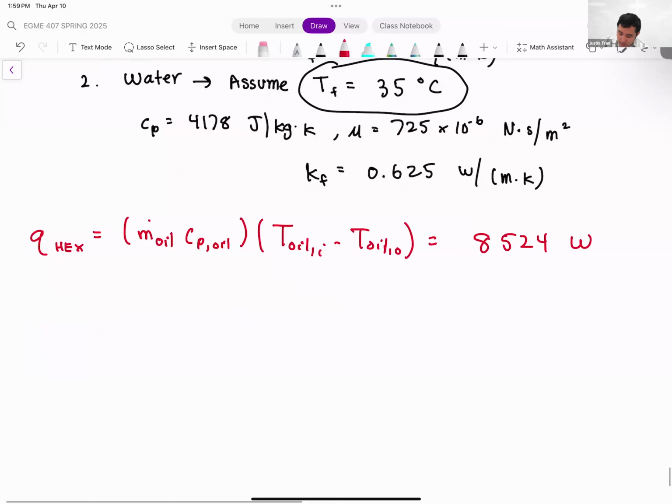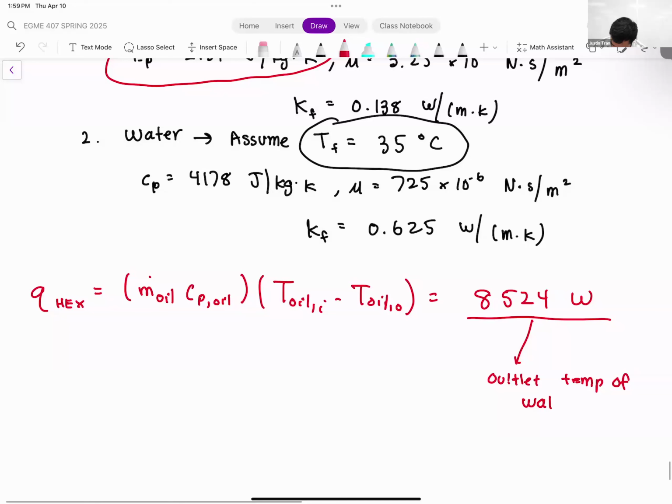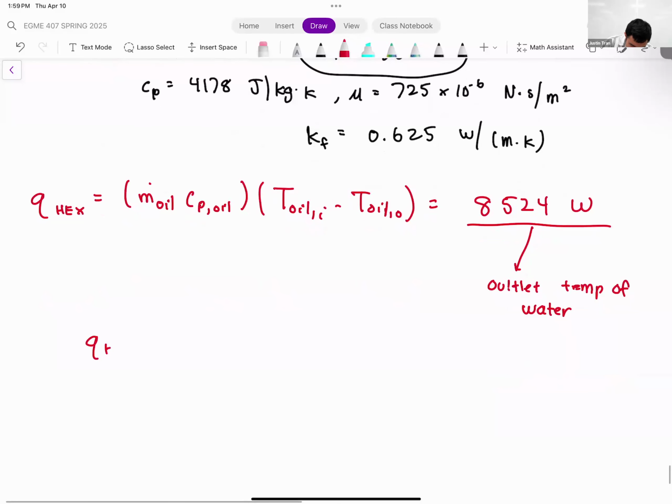All right. Based on this quantity, we can use it to compute the outlet temperature of the water. We know that the same Q hex is equal to m dot CP of the water multiplied by its difference in temperature.